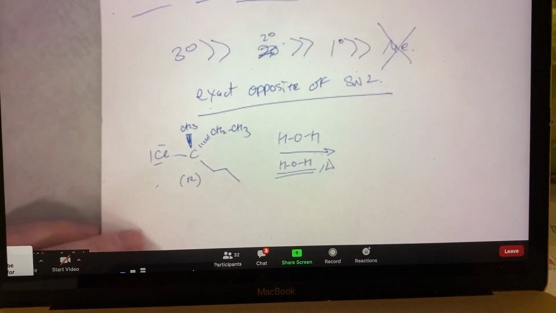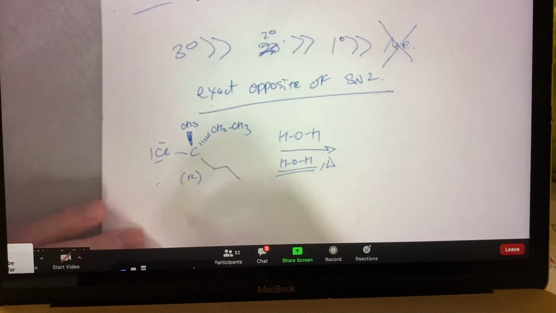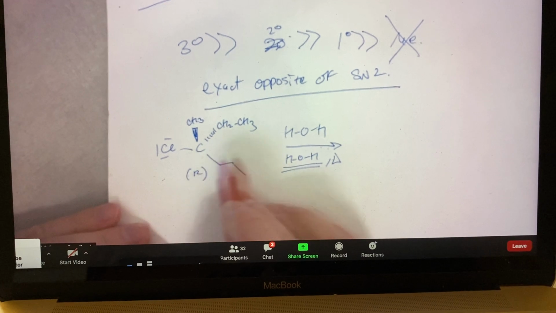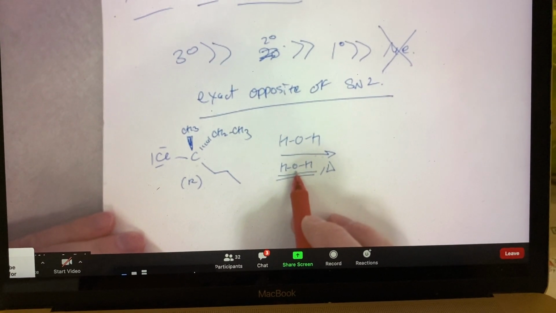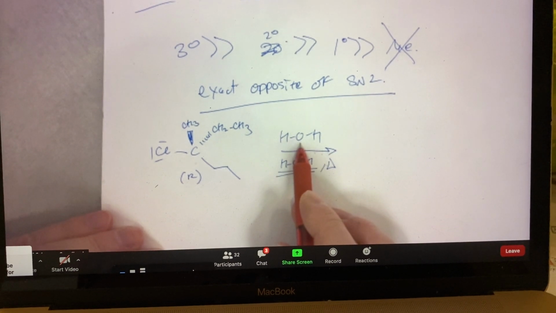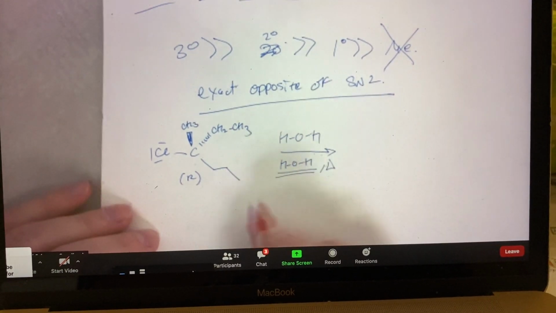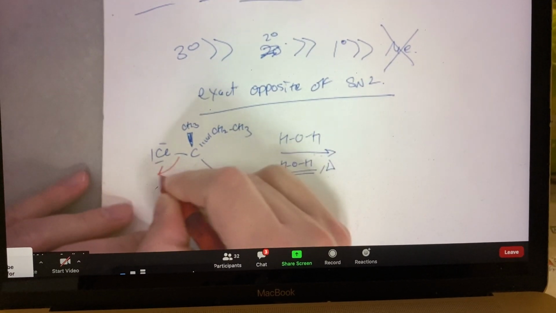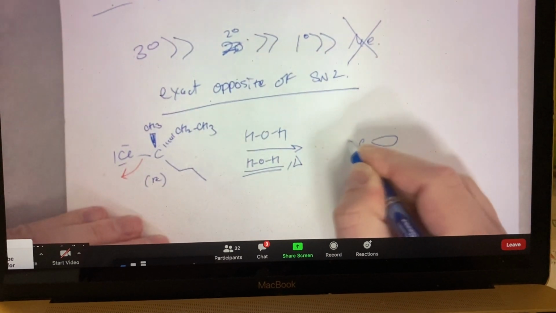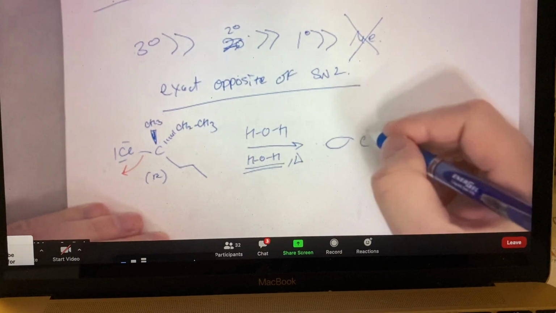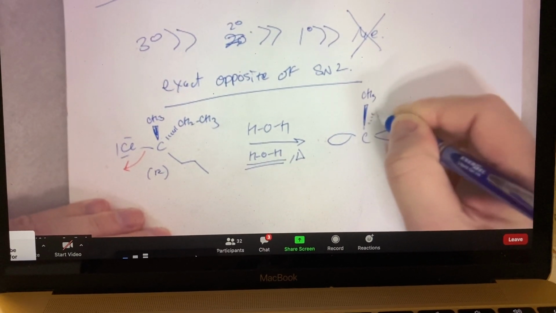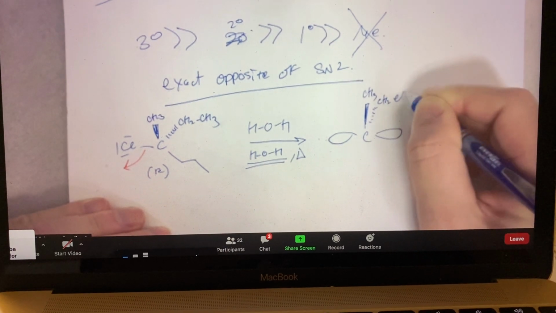And this leads to, as we do this reaction, tertiary, no SN2 reaction. Water is a poor solvent for an SN2 reaction. Water is a poor nucleophile for an SN2 reaction. But if we have a little bit of heat, this can break, and it leads to a carbocation intermediate. This is sp2 hybridized.